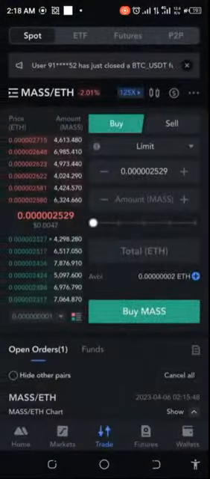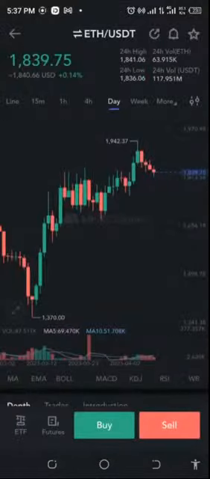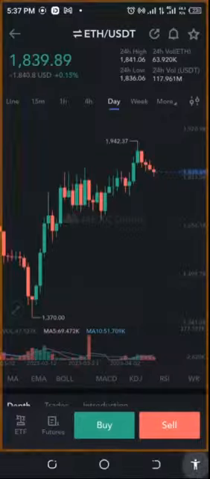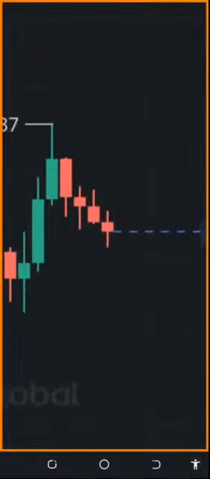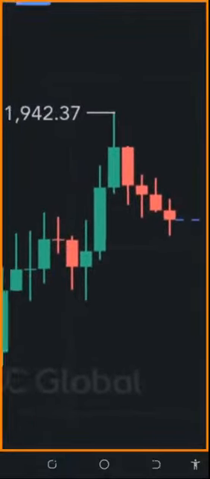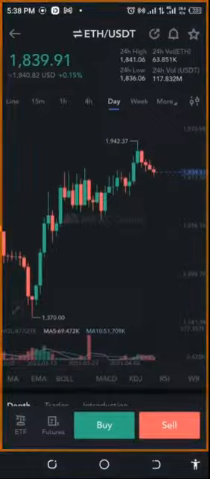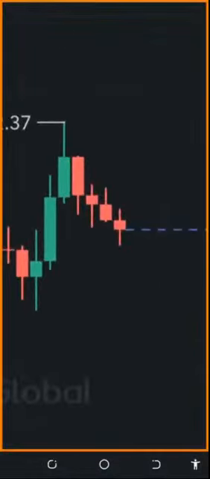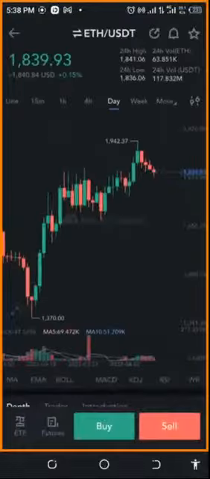See you shortly. Okay, so all right, I'm back after 3 days, and well, it just seems like ETH decided to go down. As you can see here, just to let you know, it's like 3 days, because as you can see here, this is the 1 day chart, and you can see that for the past 3 days, the ETH has been going down, right?